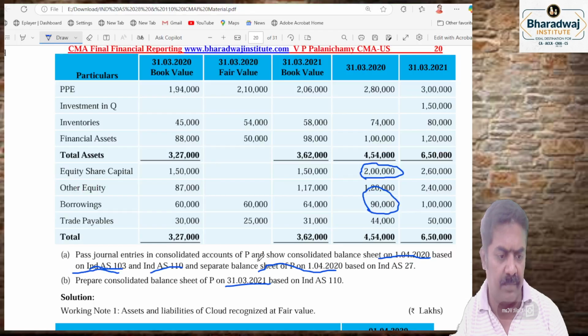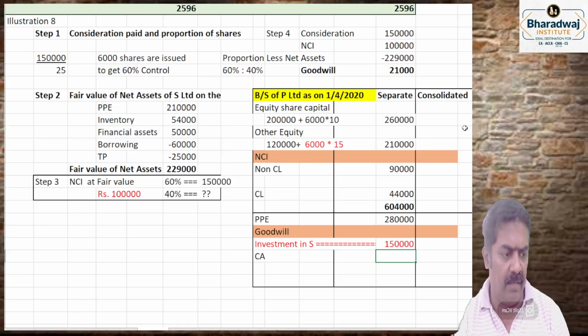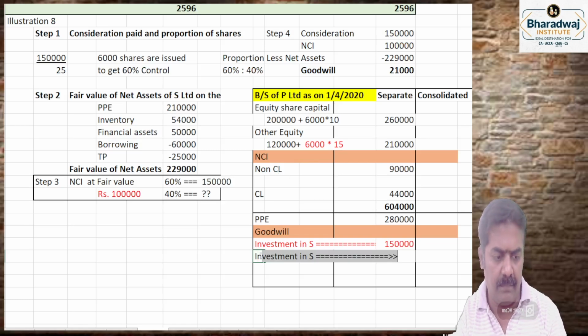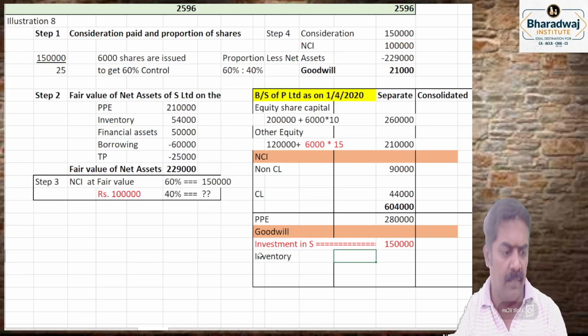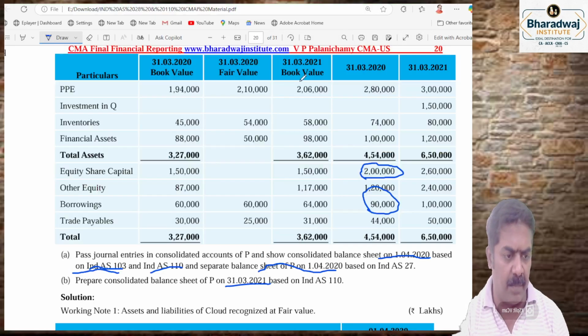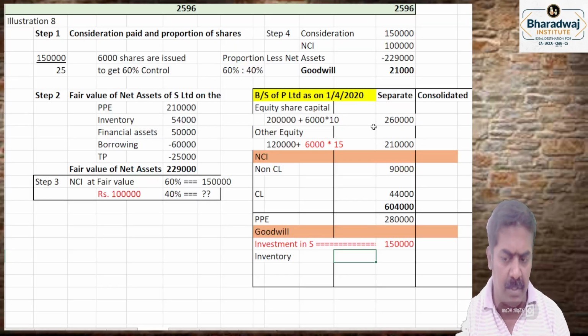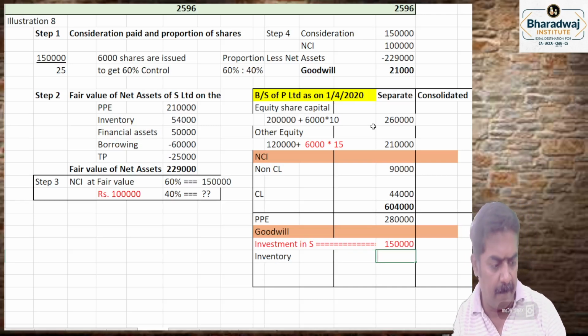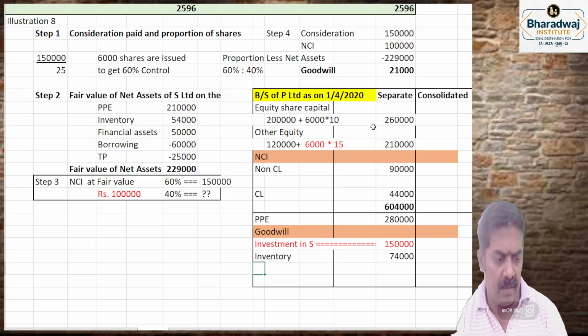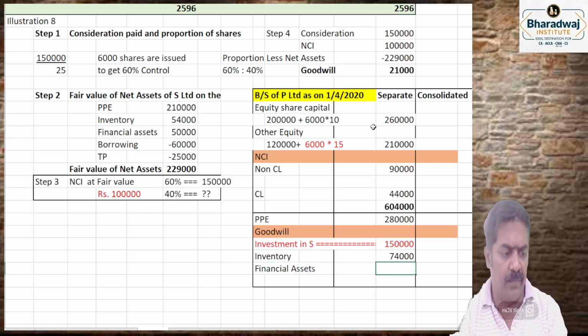Then inventory in the separate financial statement, 70. Then financial assets, how much will come? 1 lakh.